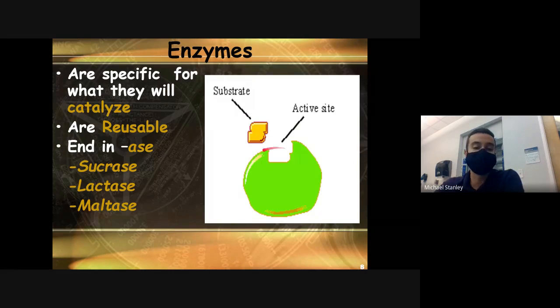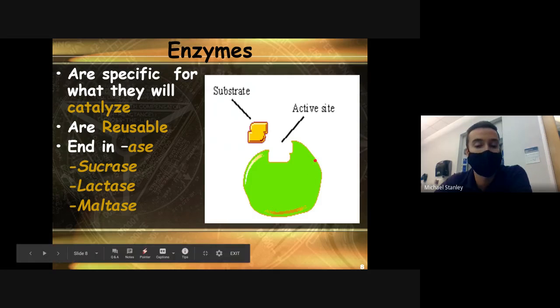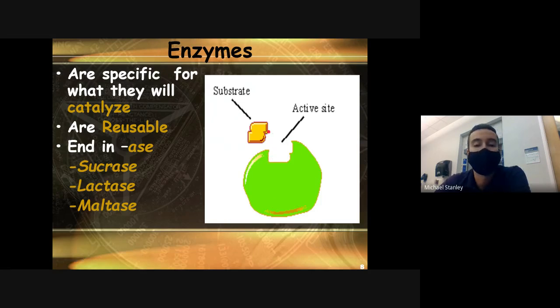And then there is the active site, which is kind of the little pocket on the enzyme where the reaction is going to happen. So we'll talk a lot more about the active site in just a second. But we have the enzyme, the active site, which is the little pocket, and then the substrate, which is the molecules that the enzyme is going to react with or make the reaction happen with.